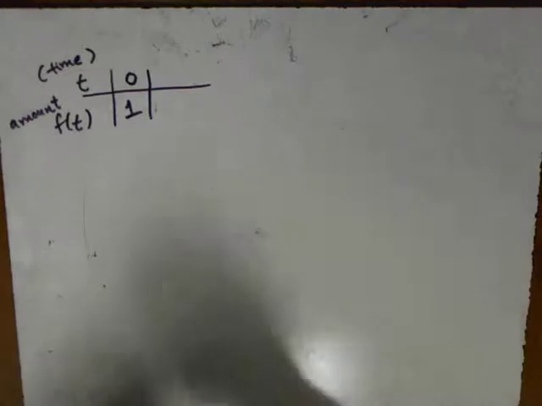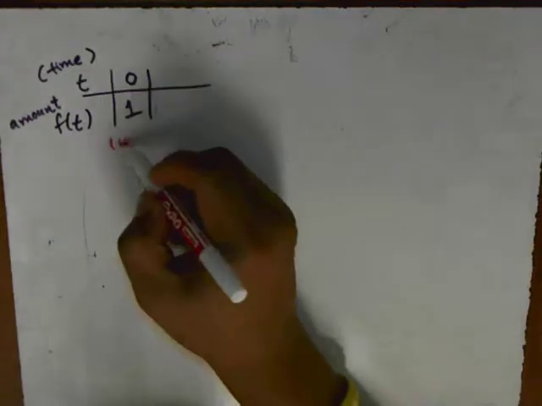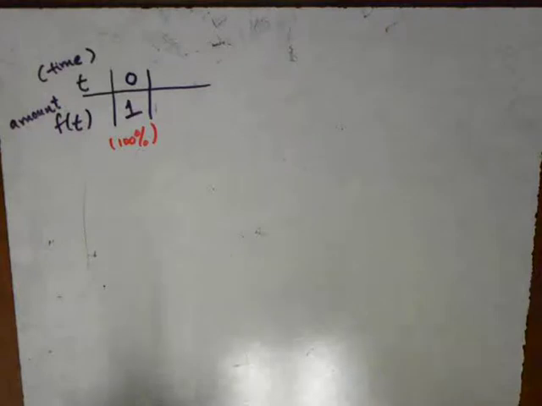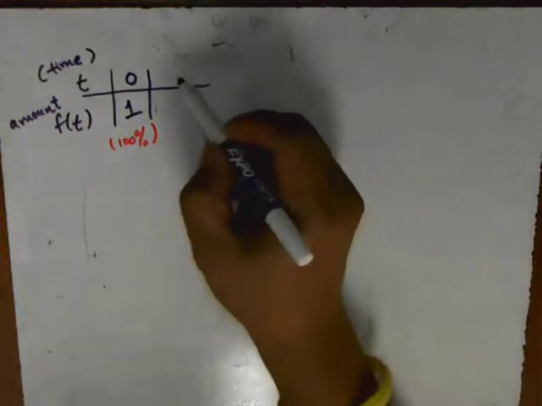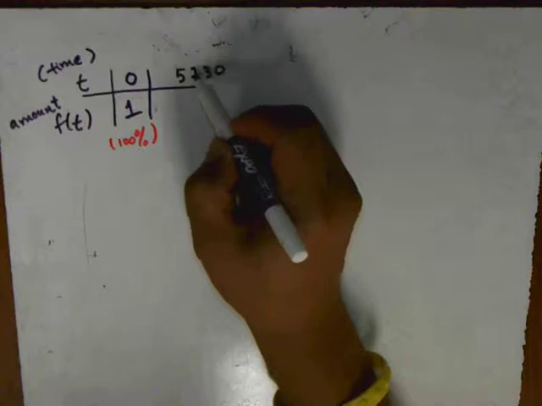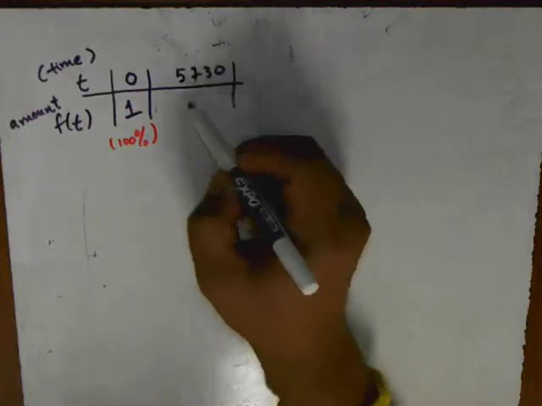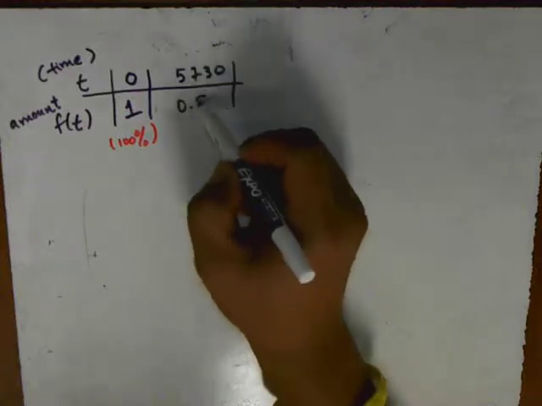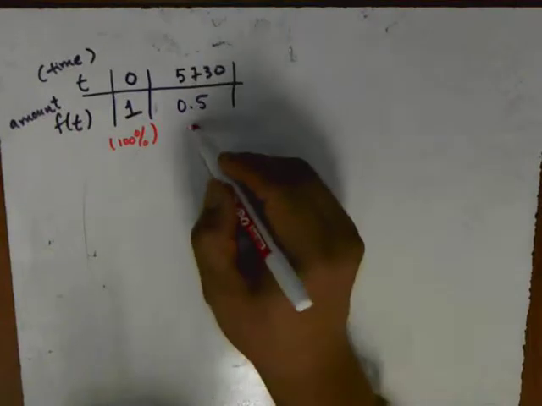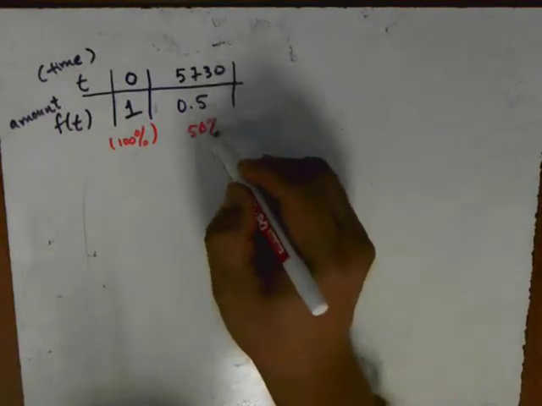One of the interesting things about this problem is that we don't really know exactly how much we start with, but we have 100%. And then after 5,730 years, we have 0.5, or half of what we used to have. So this is 50%, right?